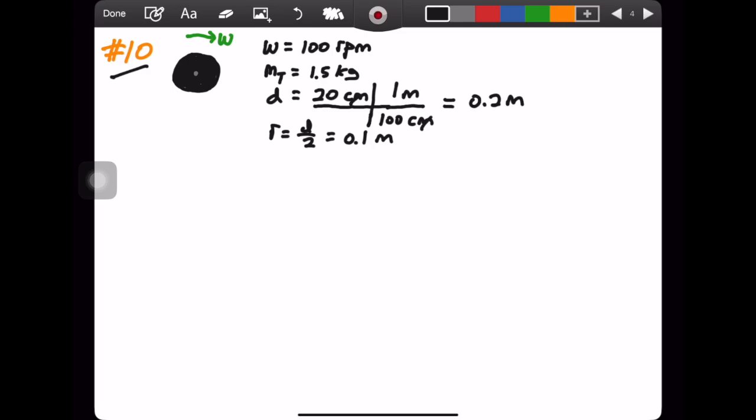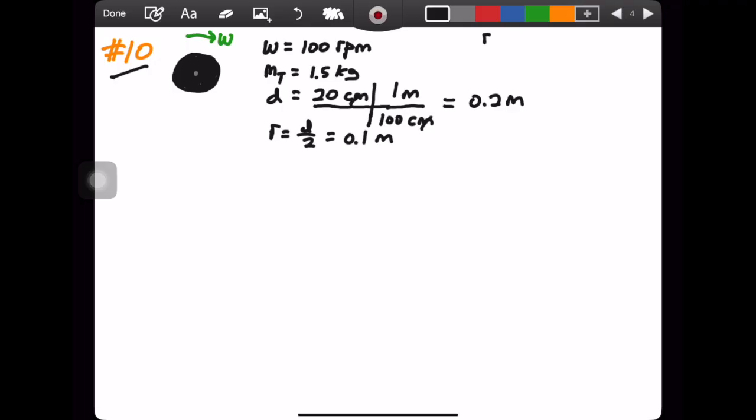Now, the omega of the turntable is 100 revolutions per minute. And I'm going to show you that we can actually just leave omega in revolutions per minute. However, just to be thorough, if you want to see how you convert revolutions per minute into radians per second.